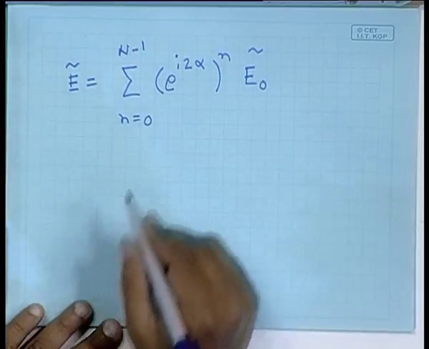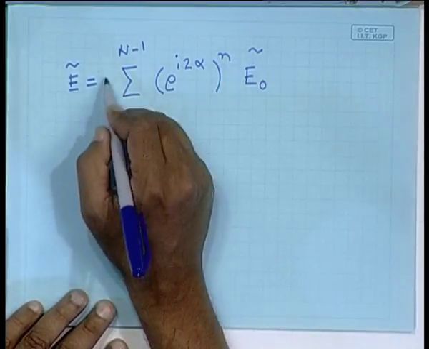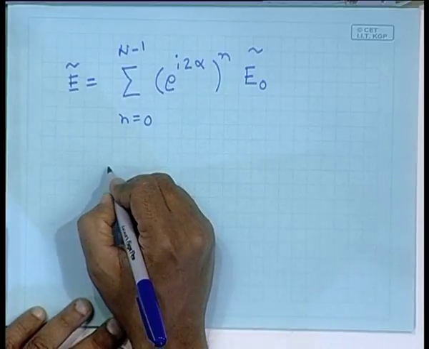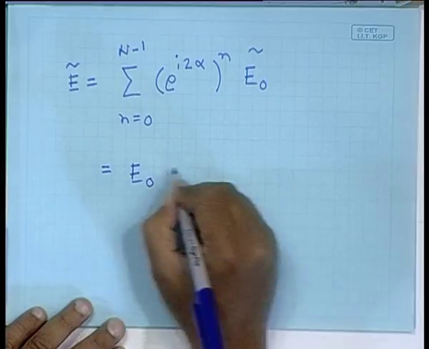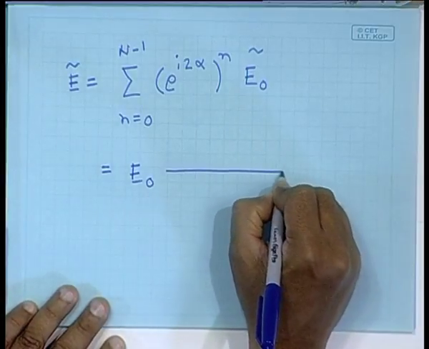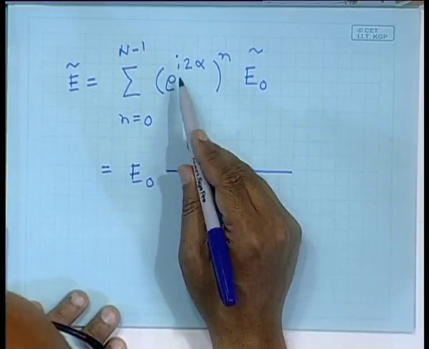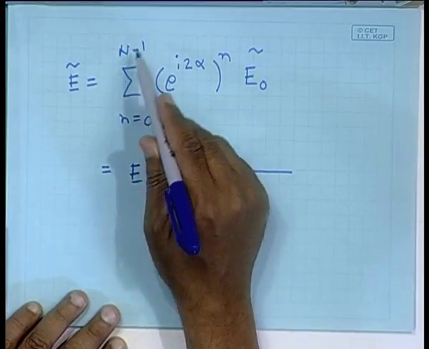Now, this is a geometrical progression. I can take the E 0 outside, and this is a geometrical progression. If I sum this geometrical progression, what I have is E 0 into the ratio of two consecutive terms to the power of n, n being the number of terms.